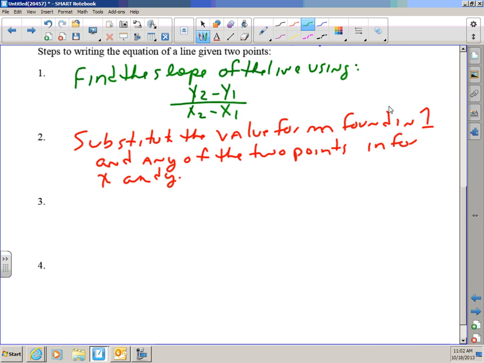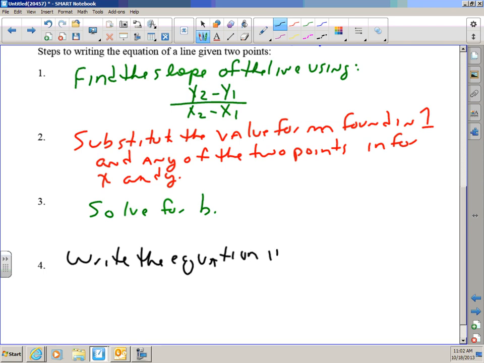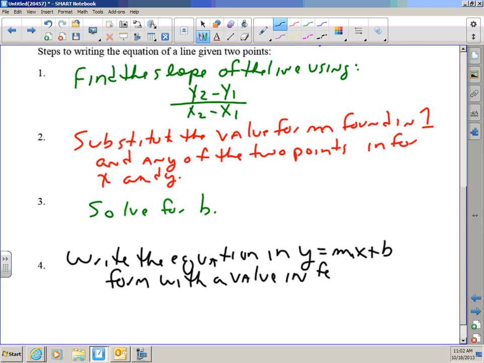Step 3, solve for b. And step 4, write the equation in y equals mx plus b form with a value in for m and b.